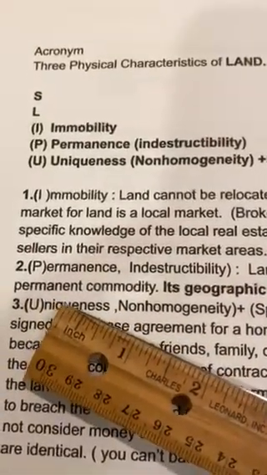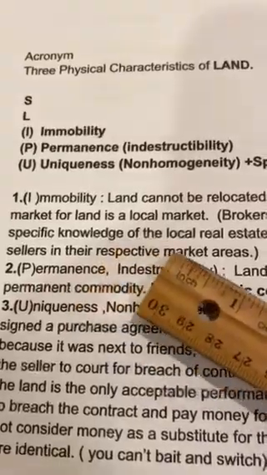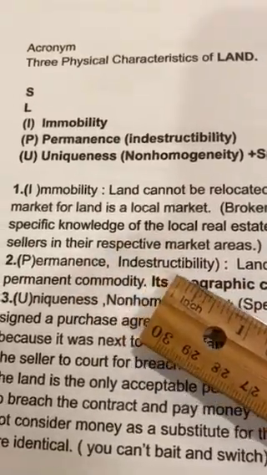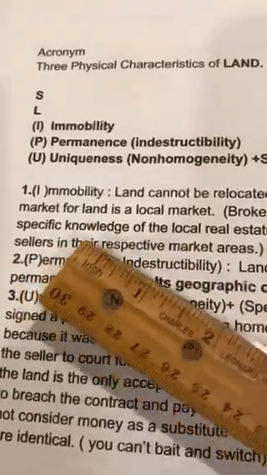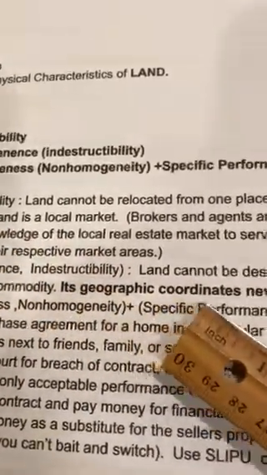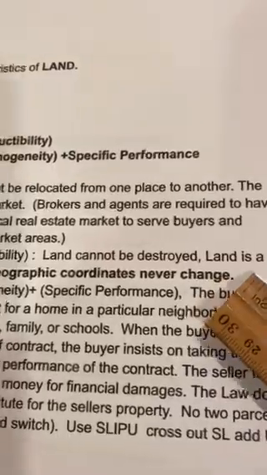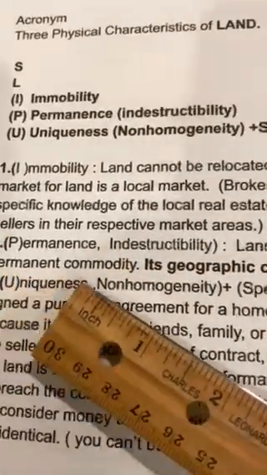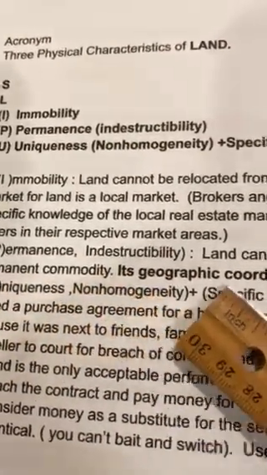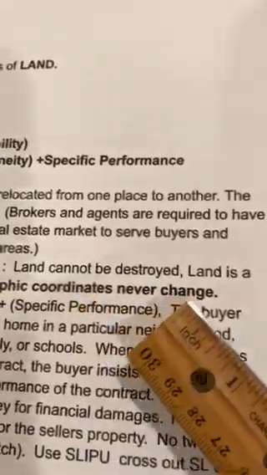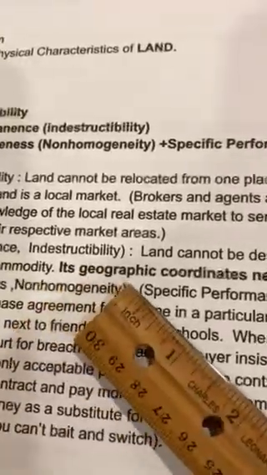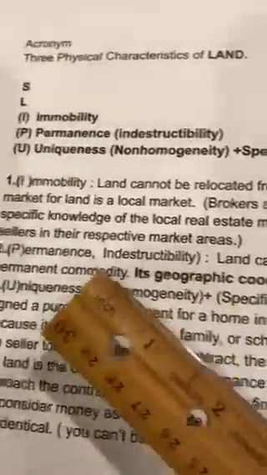Now, number 2 is permanence, and you associate that with the word indestructibility, meaning each one the same. Land cannot be destroyed. The land is a permanent commodity, and this is the main reason why it's permanent: its geographic coordinates never change.